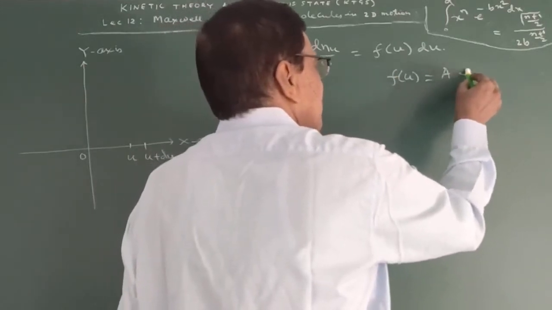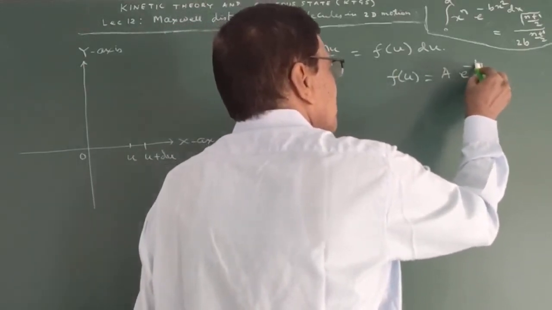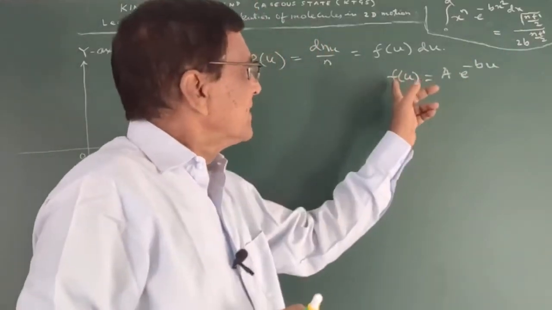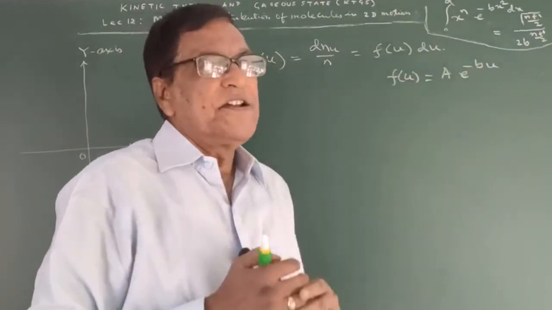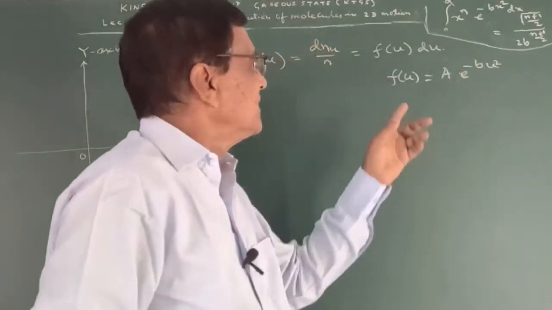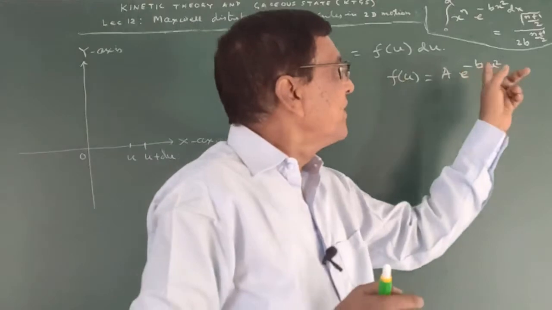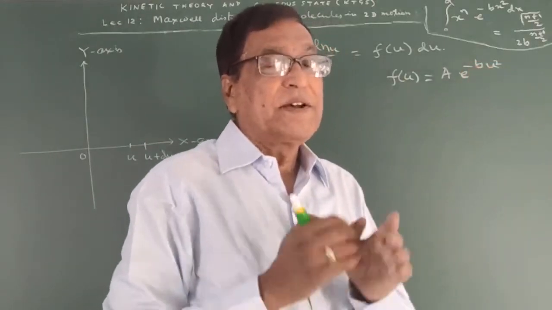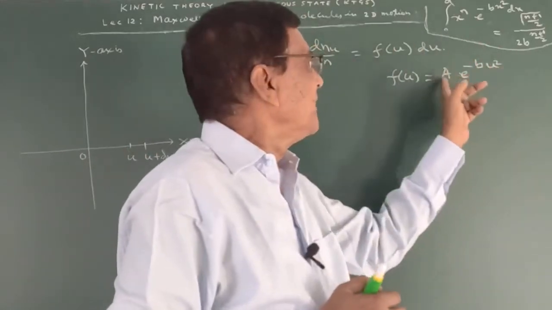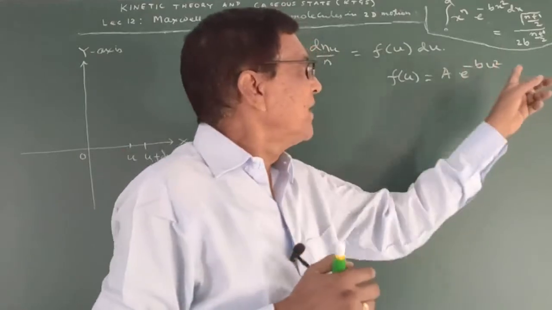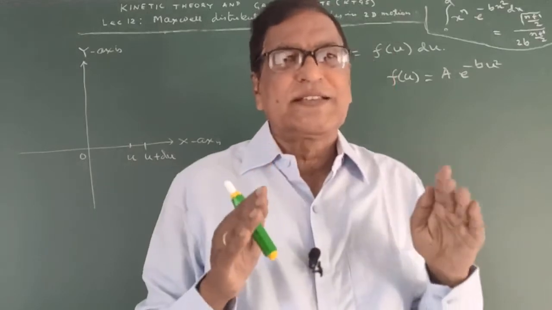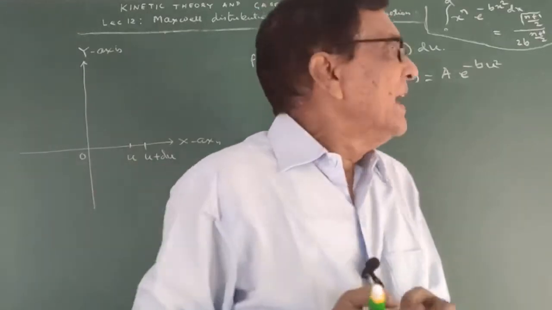It is A into e to the power minus b u squared, as f(u) is of exponential nature in this velocity, and it must not contain u, but may contain u squared. And A and b are constants independent of u, but they will depend on the nature of the gas and the temperature.